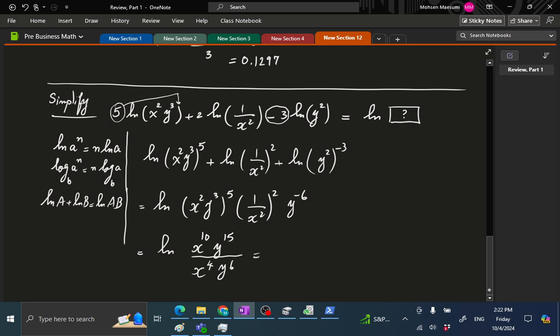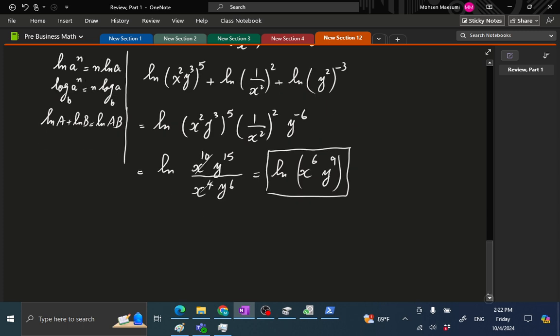Now I simplify and I get logarithm of, we simplify x to the 4 here, it becomes x to the 6, and the y becomes 15 minus 6, which is 9. So this is our final answer, and we have simplified it as far as we could.